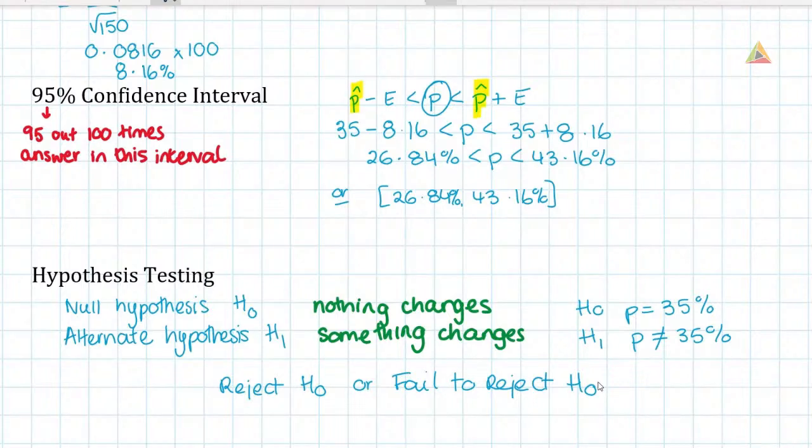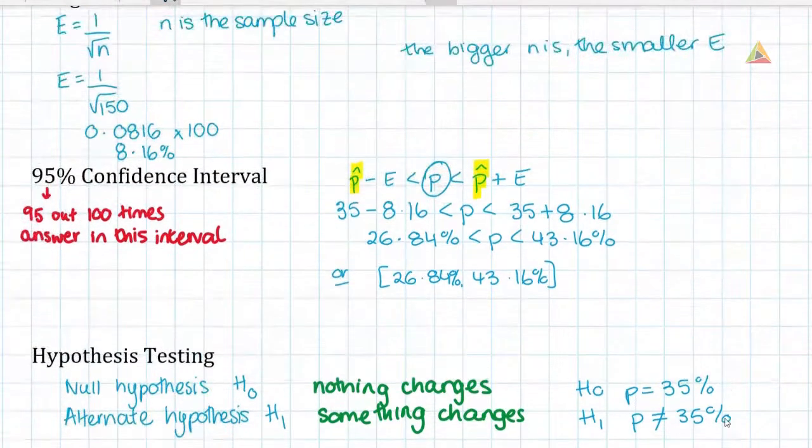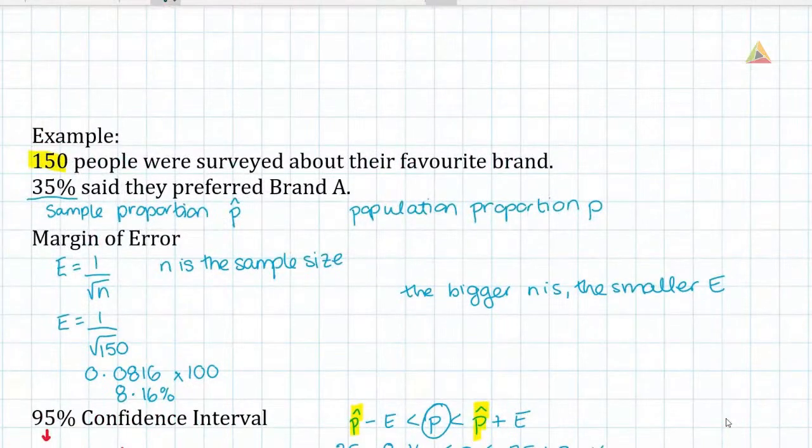So we're not going to say it has definitely changed, but what we're saying is that either we're going to reject the null hypothesis, so it appears that something has changed, or we're going to fail to reject the null hypothesis. It seems like it hasn't changed. So we're going to look at a couple of these things in detail now and a couple of questions from the papers, but just to have a look at what letters we've come across.